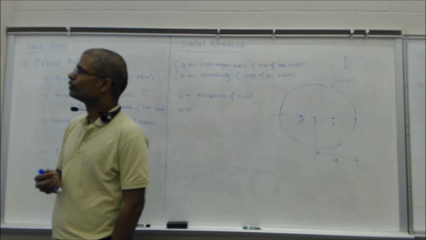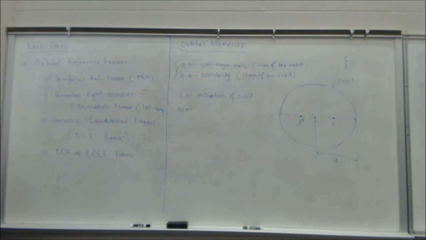The line of nodes. You see this? It is a line of intersection between the two planes. Just like two lines intersect at a point, two planes intersect at a line. Okay? So do you see this plane and this plane? They intersect along this line.